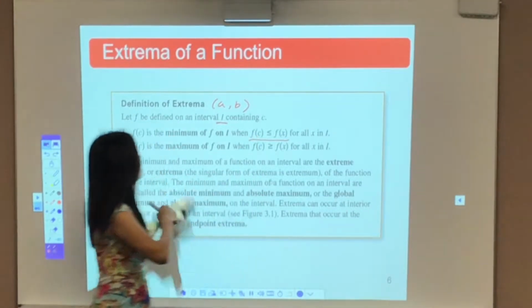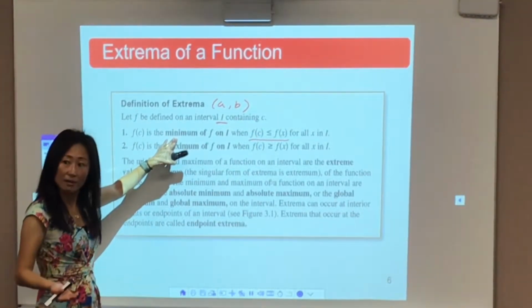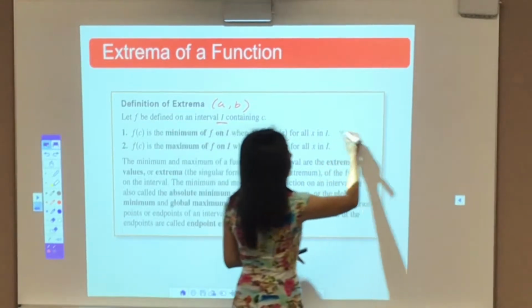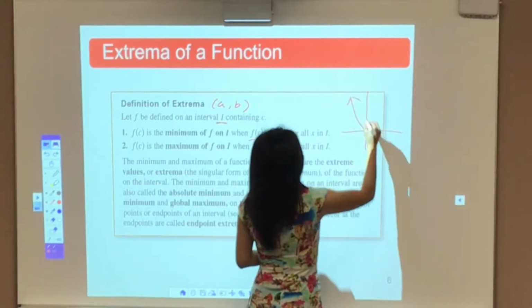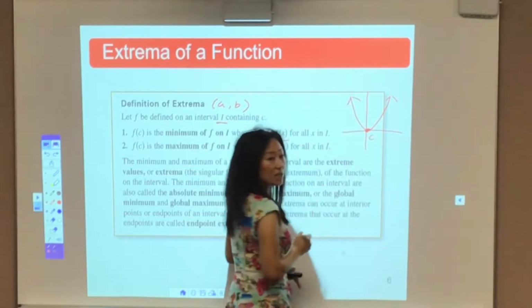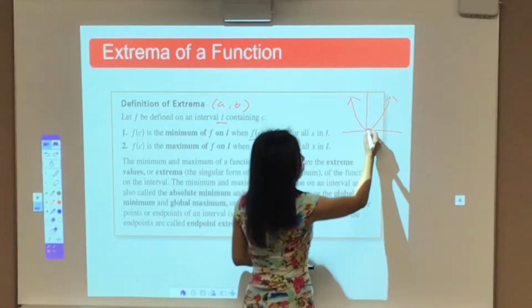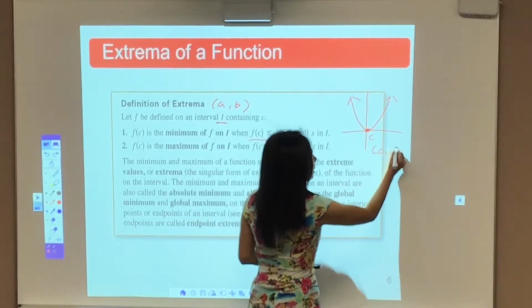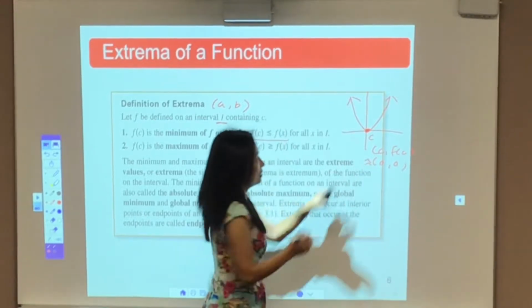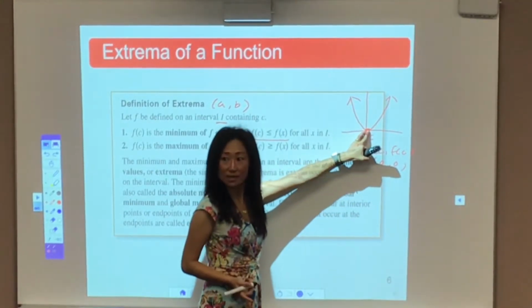That's why it's called minimum. Makes sense, right? Because your y value is smaller than other y values. For example, what kind of graph can you think of? Like that. And this right here is your c, and f(c) happens to be 0. Are you with me? So that's your minimum. That makes sense to you?